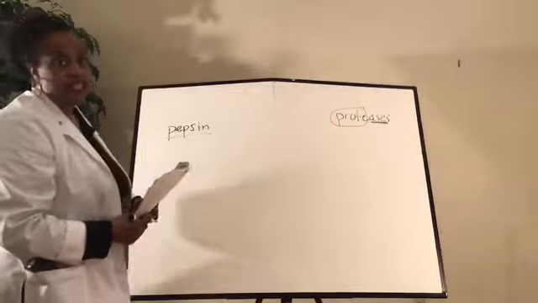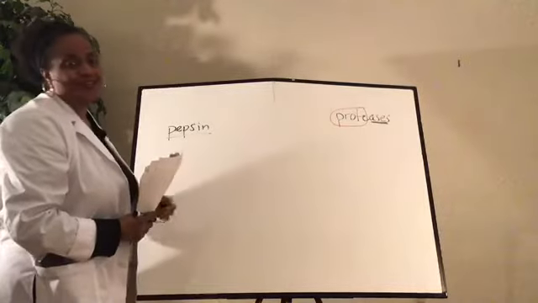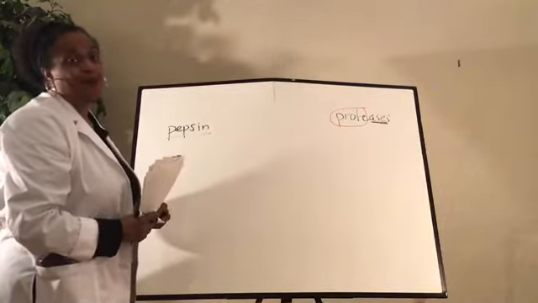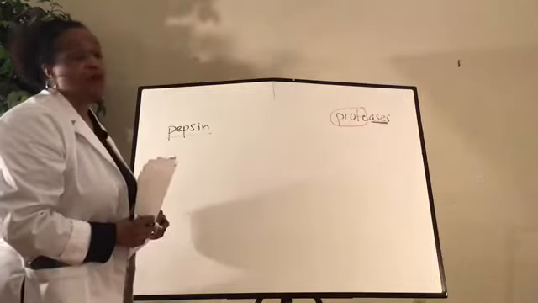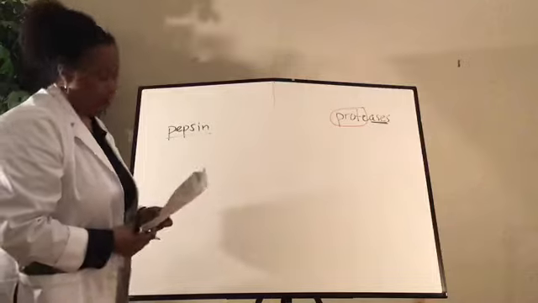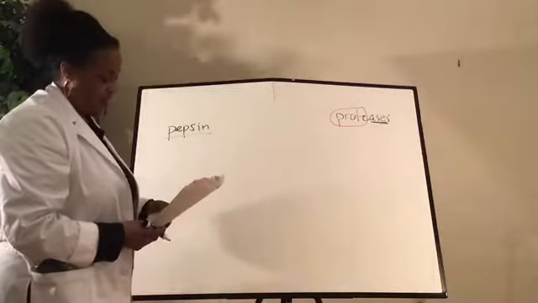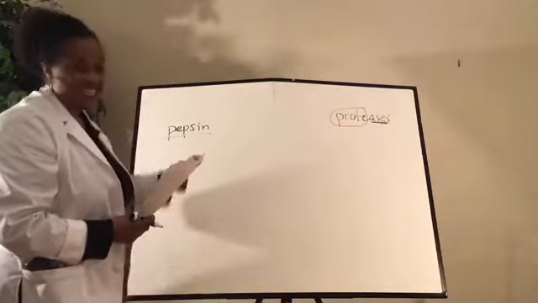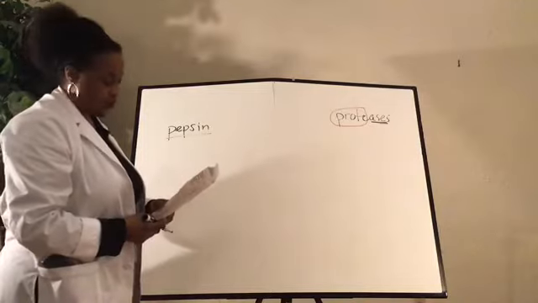Pepsin is a protein digesting enzyme. Yes, I know it doesn't end in ase. We have two protein digesting enzymes, but neither one of them ends in ase, but most enzymes do. But anyway, here's pepsin. It is a protein digesting enzyme in the gastric juice.